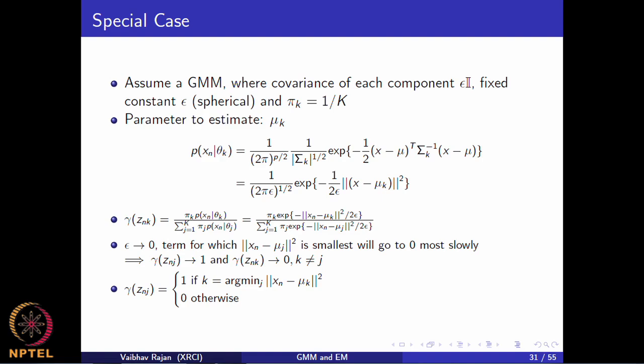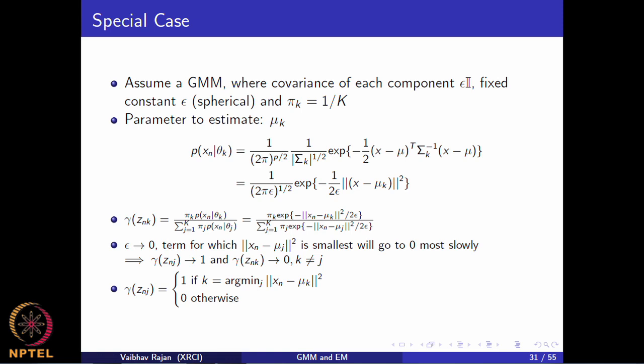So, this is the special case of hard clustering that I was mentioning earlier. And what it turns out to be is just setting the responsibility to 1 for that component where the data point is closest to the mean. Otherwise the responsibility is 0.